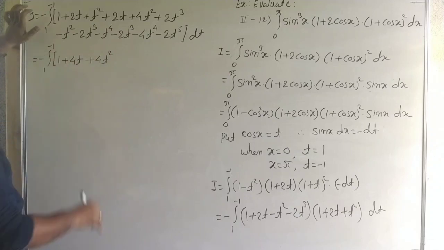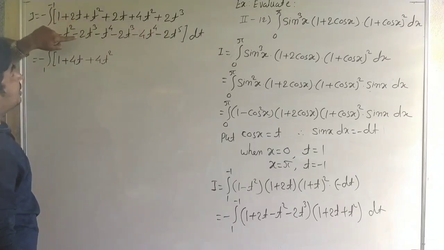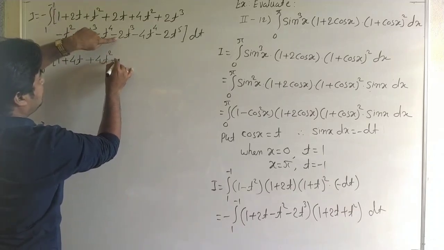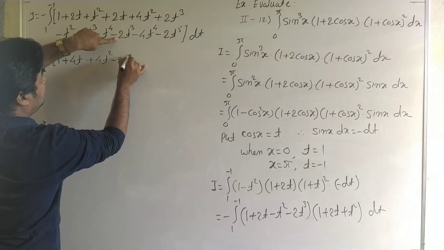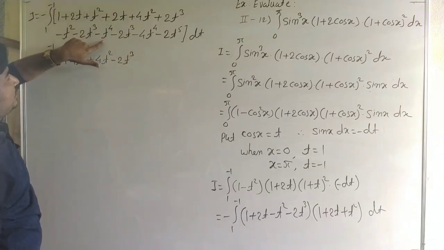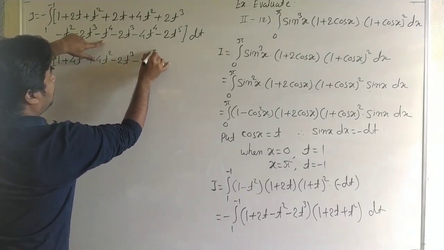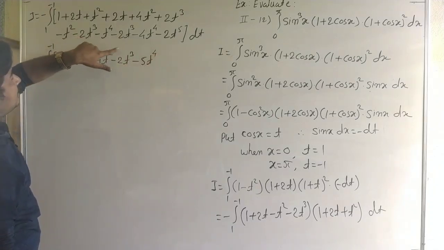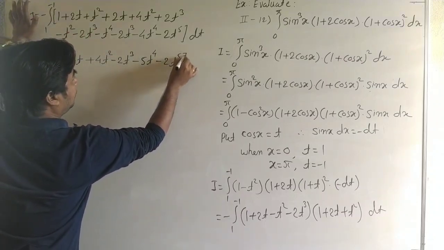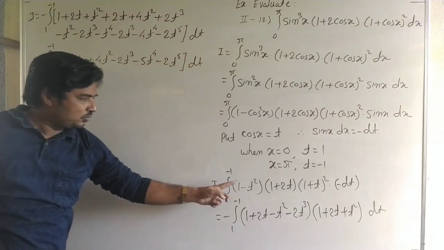Now cube: the 2t cube and minus 2t cube get cancelled, and here it is minus 2t cube, minus 2t cube. Now t to the power 4: t to the power 4 minus 5t to the power 4, and last t to the power 5 it is minus 2 into t to the power 5 dt. This is the calculation.